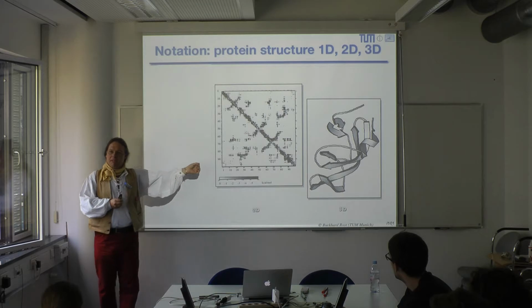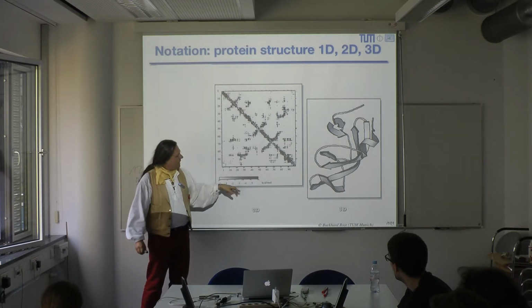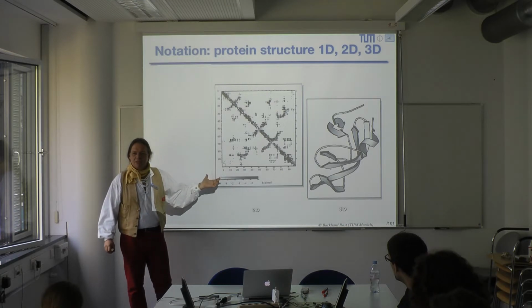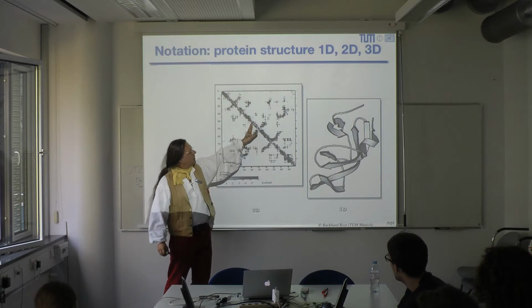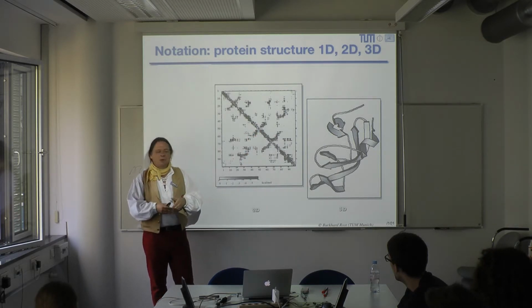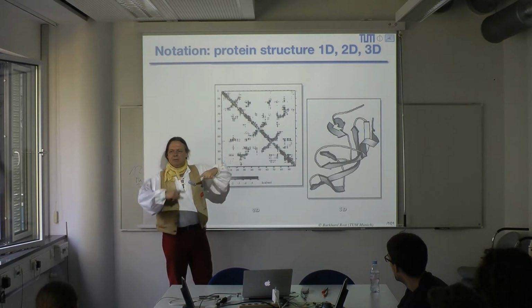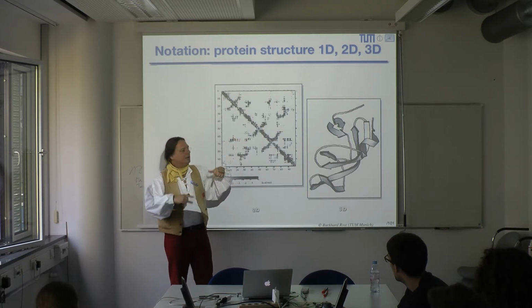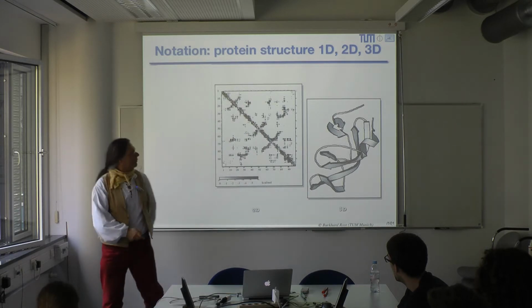In this particular case, a distance map, where the energy scale is directly proportional to the distance according to some simple energy assumptions. So the darker, the closer. Trivially, the diagonal peptide bond is black, and then you see some pattern forming.